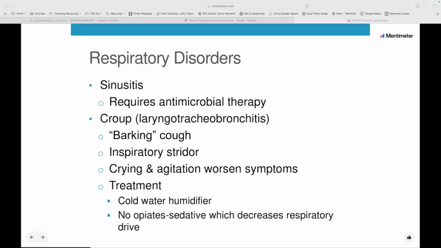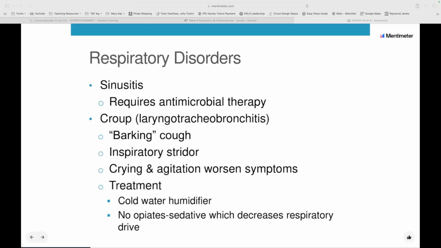throughout the day. Anytime they're crying or agitated, that cough is going to get worse and that stridor is going to get worse. So we recommend placing these kids either in a croup tent or providing a cold water humidifier for them. So that cold water will help to relax their airways, and the humidity that they get will cause vasoconstriction.